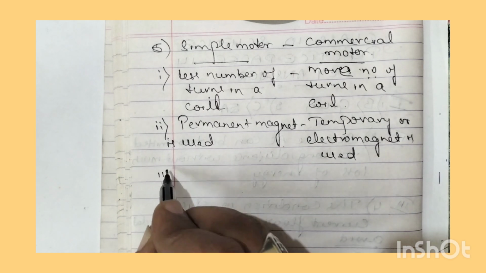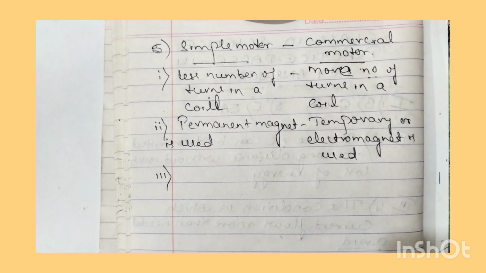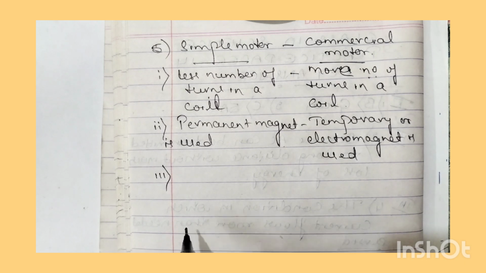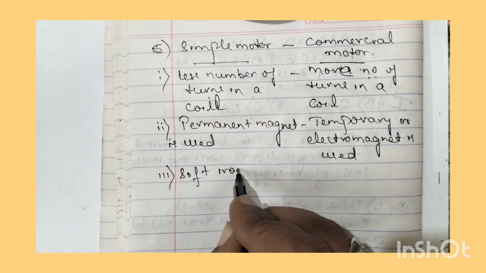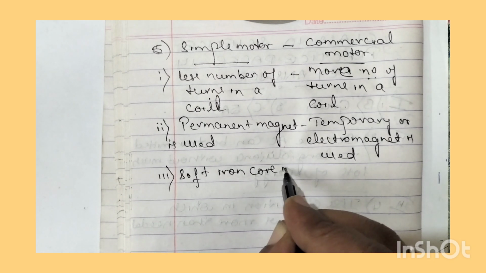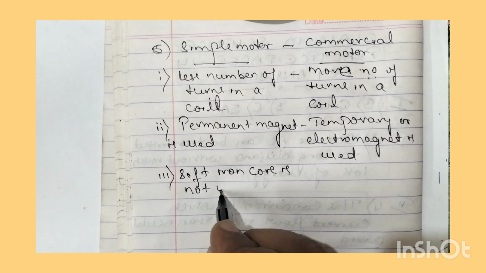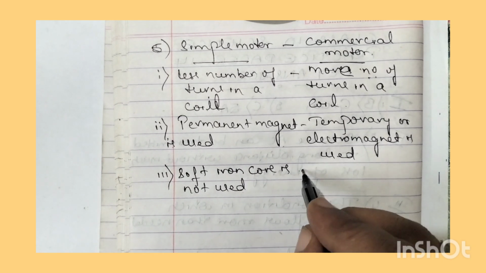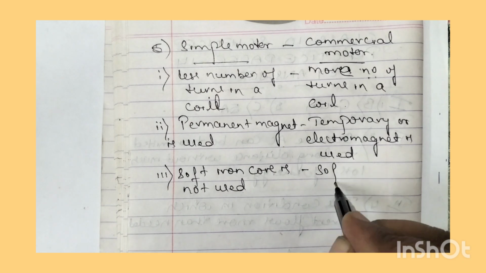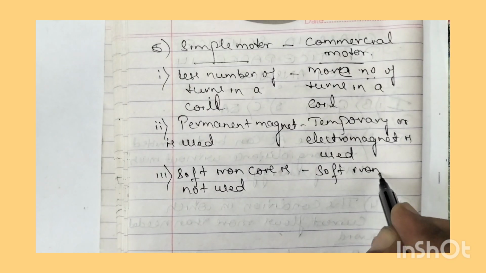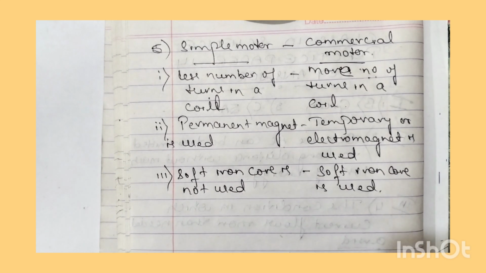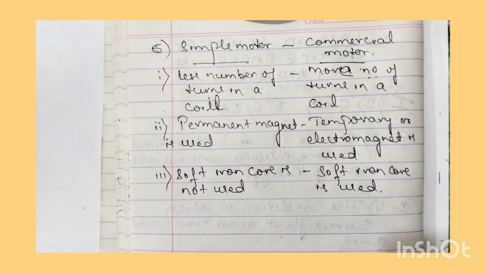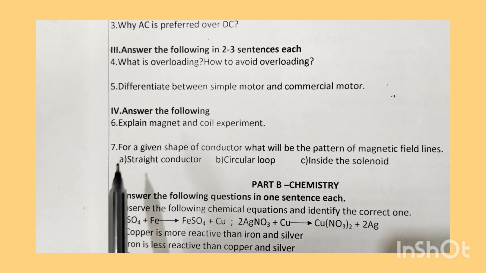Then the third difference is, in simple motor soft iron core is not used, but in commercial motor soft iron core is used. So these are the differences between simple motor and commercial motor. Now let us move to the next question.